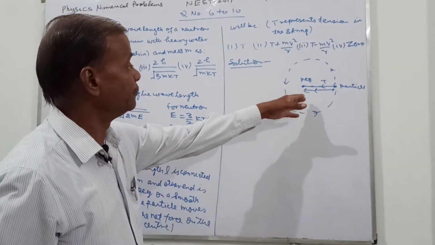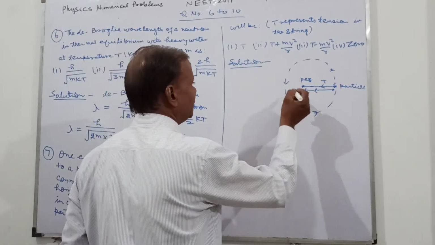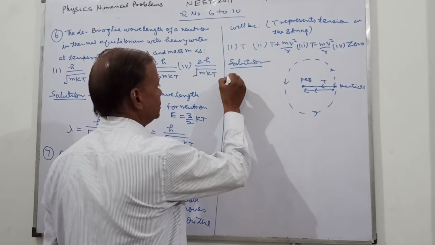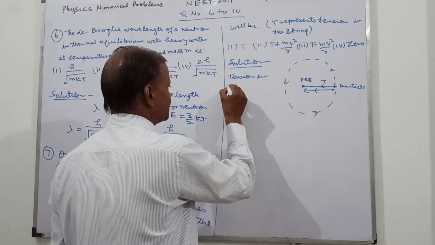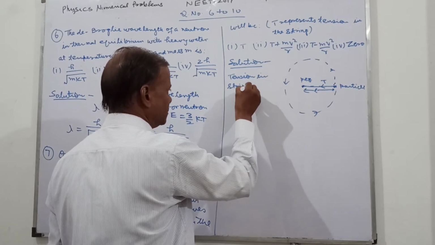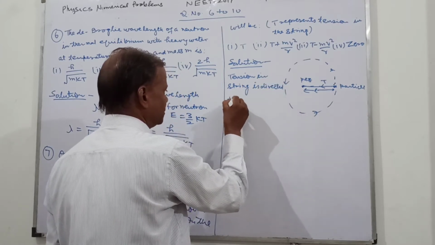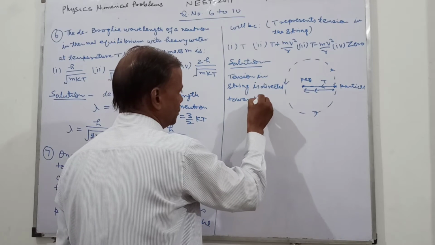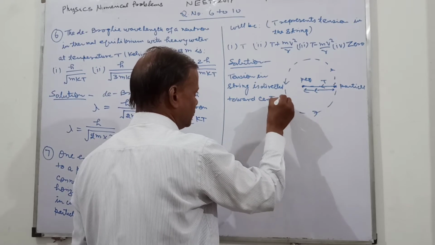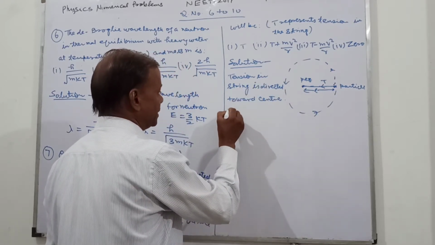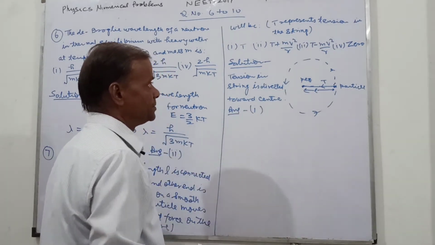So the only force that acts towards the center is the tension T. Tension in a string is directed towards the center. So our right option is the first answer, tension T.